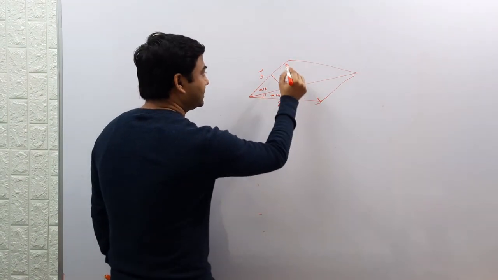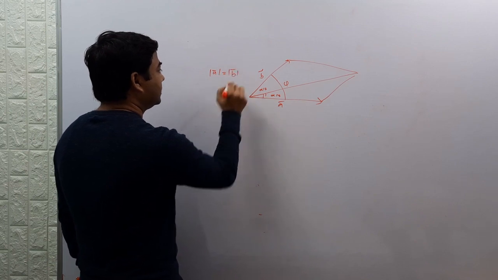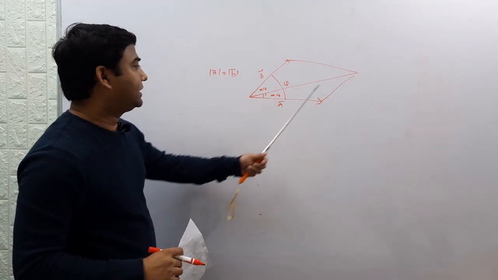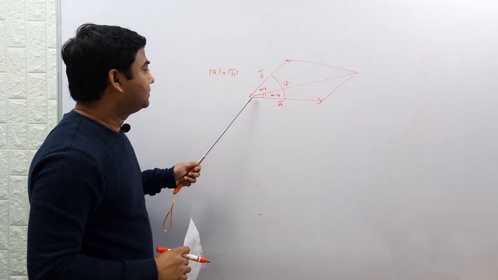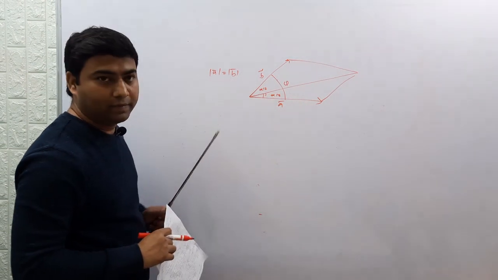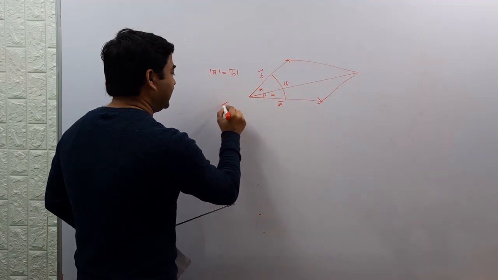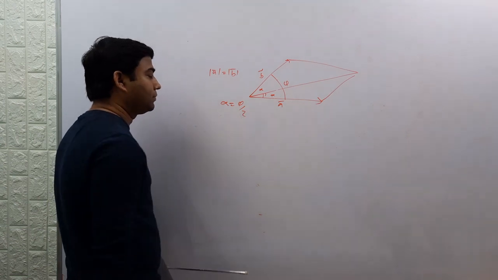When both these vectors have the same magnitude, then this resultant vector will make equal angles from A and B, that is alpha by 2 and alpha by 2, equal to theta by 2. Sorry, alpha and alpha, where alpha is equal to theta by 2.